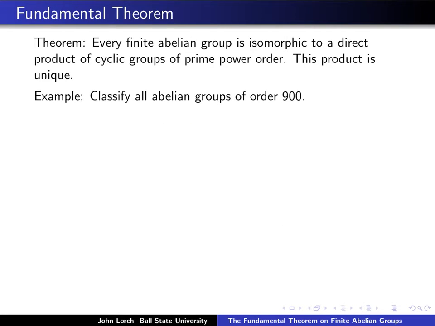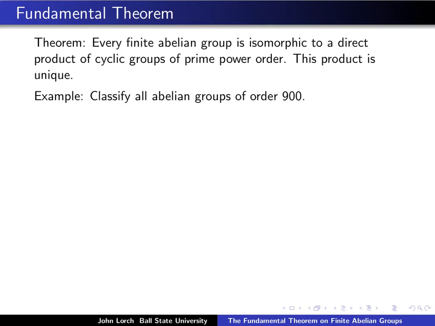In the previous slides, we've been discussing what to do when you know that your group is finite and that it's a direct product of cyclic groups. So the question then is, which groups are like that? Well, we have this theorem, it's a very important theorem, that says that any finite abelian group whatsoever is going to be isomorphic to some direct product of cyclic groups of prime power order.